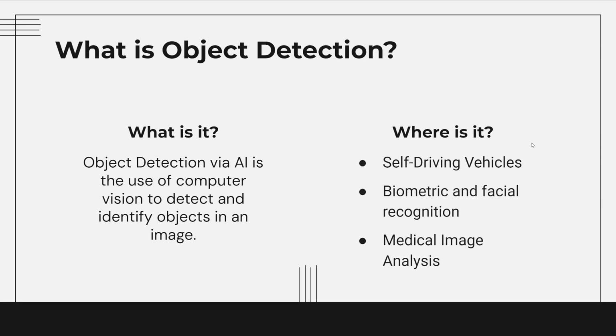Hello. So we're going to go through a quick introduction of object detection in autonomous vehicles. Object detection refers to the use of computer vision to try and identify the objects in an image. This can show up in multiple forms, but by far the most successful forms of object detection are self-driving vehicles, facial recognition, and the analysis of medical records.